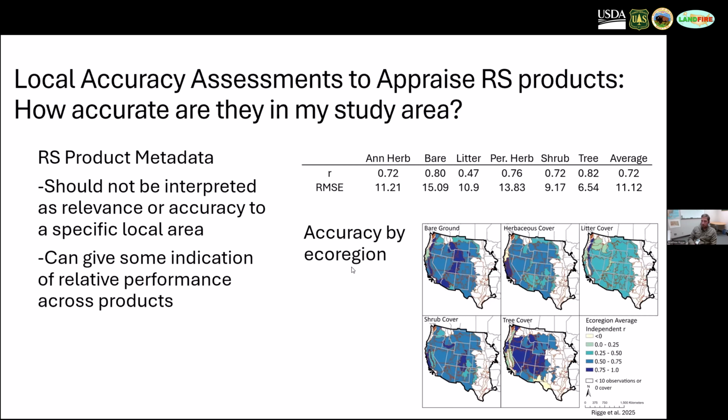The bottom line there is that the more of this component you have within a region, the more accurate it's going to be. So, for example, there's lots of shrubs in the Great Basin. Those shrub classifications would be more accurate than a shrub classification in the Great Plains, for instance, where shrub cover is lower on average, at least.